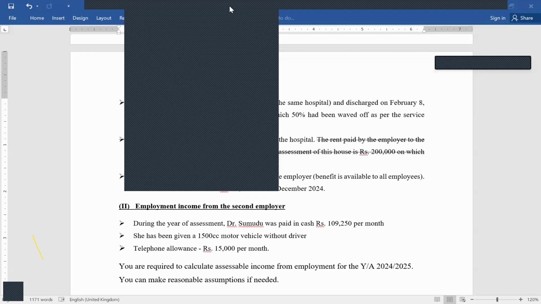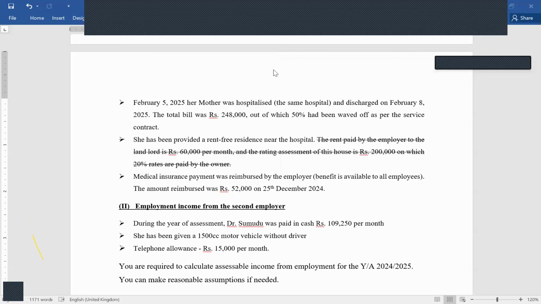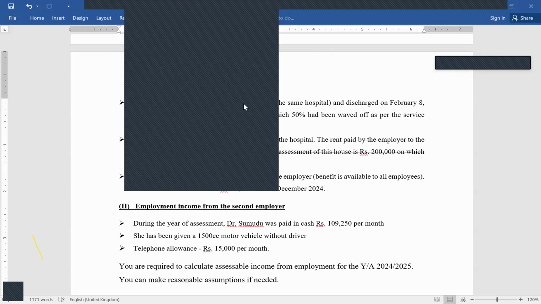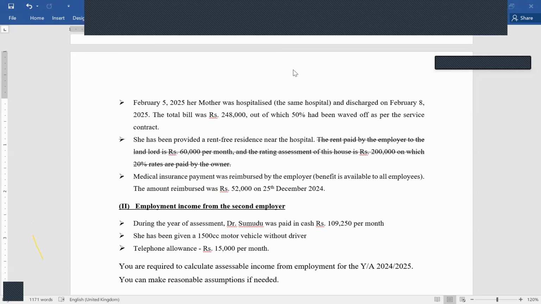Yes, actual bills paid is reimbursement. Then the difference in the tax liability. Allowance is a fixed amount, yes. Reimbursement is an actual amount.